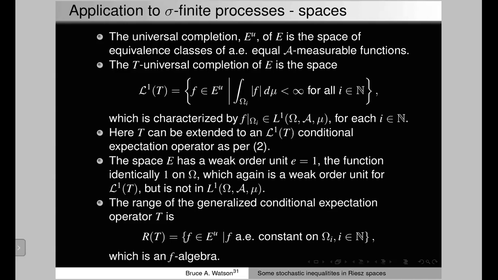In other words, f restricted to Omega_i is in L1 for each i. This conditional expectation operator can be extended to L1 as a conditional expectation operator on L1T. The space has a weak order unit, the identically one function on Omega, which was a weak order unit in our original space E. And the range of the conditional expectation operator consists of the functions which are constant on each of the Omega_i's.